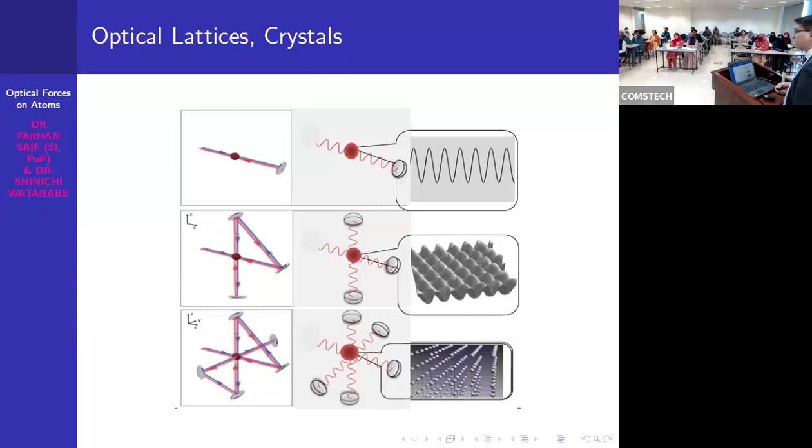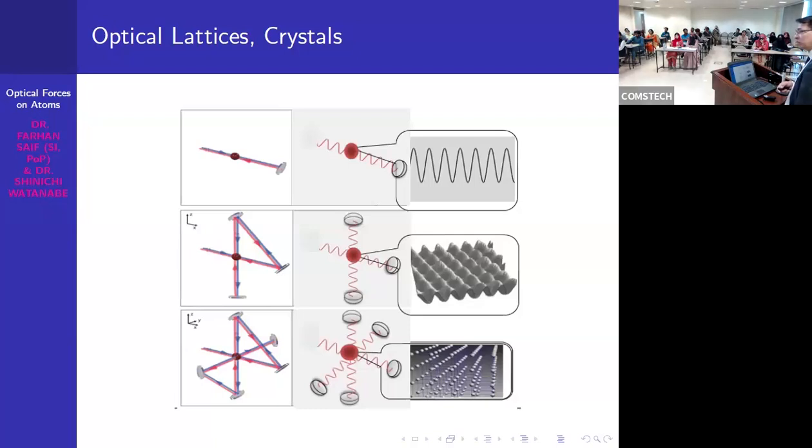We can take this two-dimensional configuration to three dimensions, and develop a new setup which is obtained by interfering three lights. Rather, in principle, there are six lights. Here we have one laser beam coming towards the mirror, and one going opposite to this. Here we have four such possibilities.